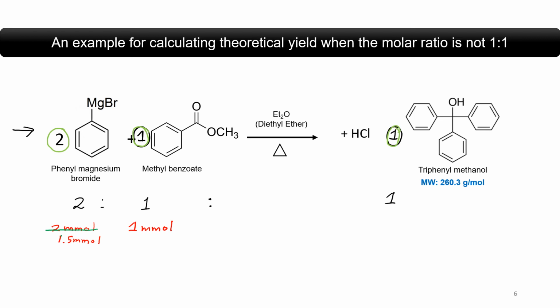If you just look at the numbers, it looks like 1.5 millimoles is greater than 1 millimole, so you might be tricked into thinking that methyl benzoate is the limiting reagent, but actually it is not, because for this 1 millimole to fully react, we need twice as much from the other reagent, which should be 2 millimoles, but we don't have 2 millimoles.